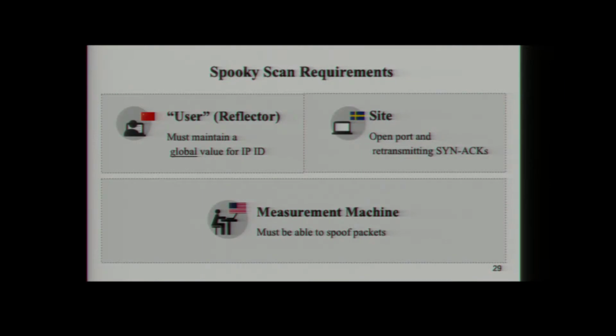For a Spooky Scan to work, I'm going to use these parts of the protocol. But there are other basic requirements that I also have to meet. One of them is that I need the IP ID variable in the packet to be globally assigned. It means that there should be a shared variable, like Windows operating systems, Windows XP or FreeBSD; all the machines with this kind of operating system do that already.